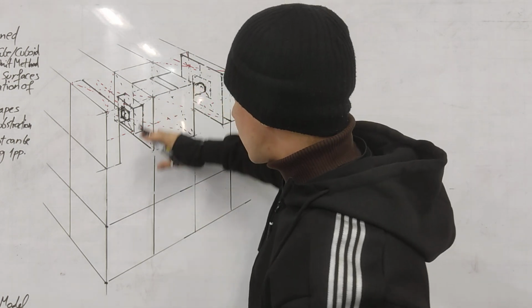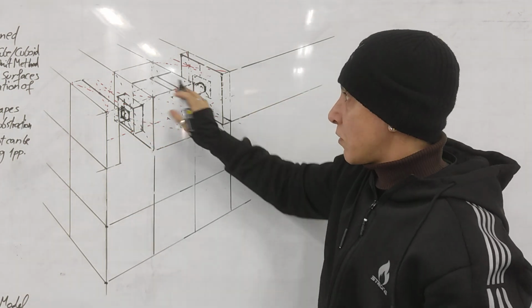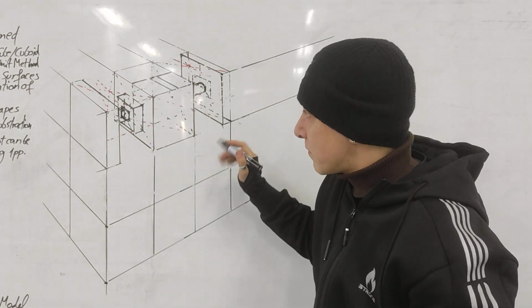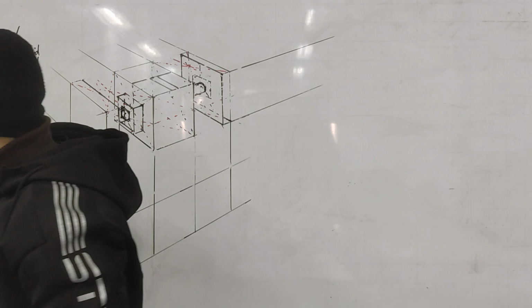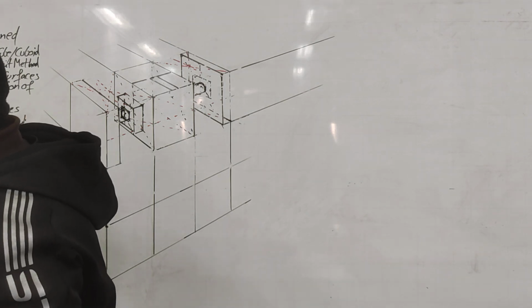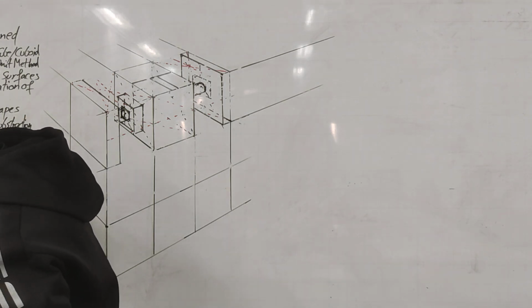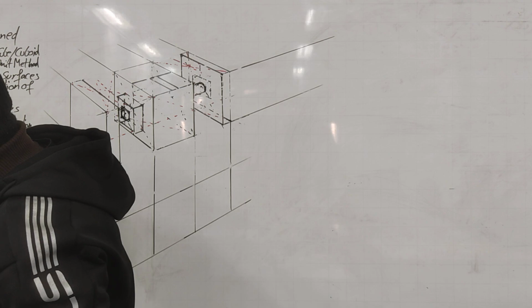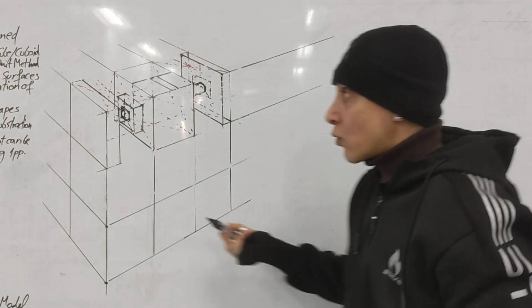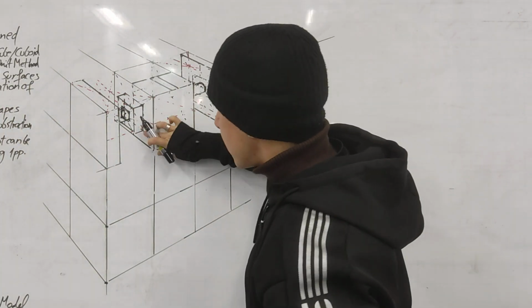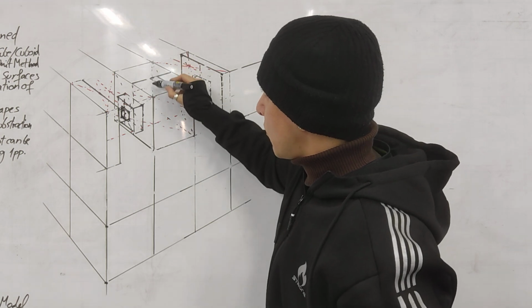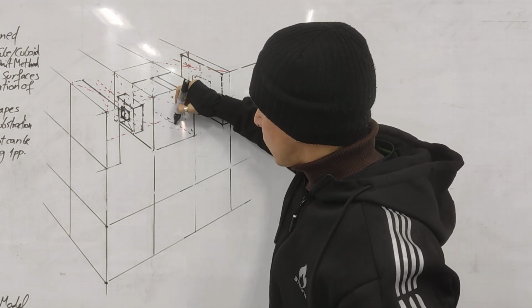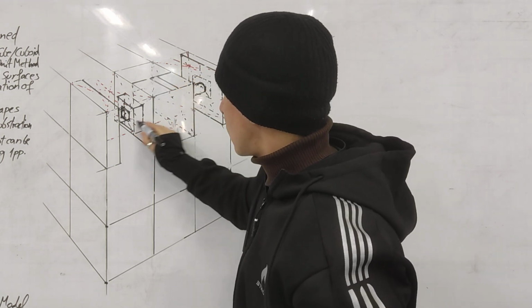Now, let us construct the main object before we continue putting details here. So this goes down now, okay, there is a circle here and underneath, and this goes down. But before it becomes a circle, it is a square. So we have a square here on which surface? This goes to the vanishing point, this goes to the vanishing point.